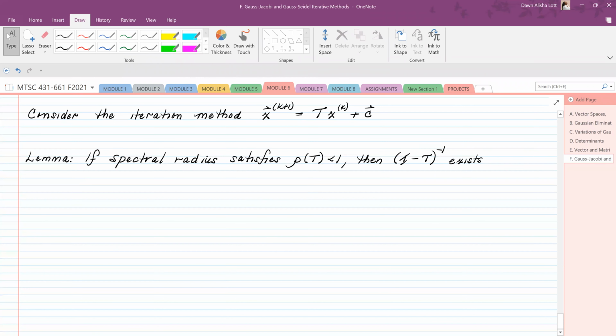And you can write (identity minus T) inverse as 1 plus T plus T squared, this is a geometric series, plus dot, dot, dot, and that equals the sum j equals 0 to infinity of T to the j.